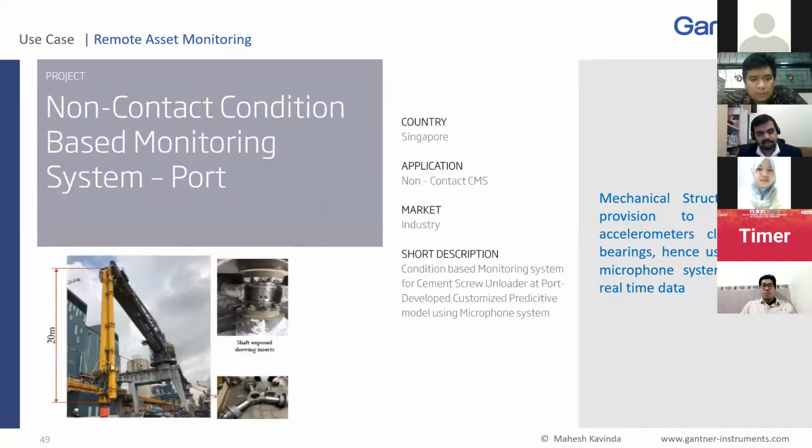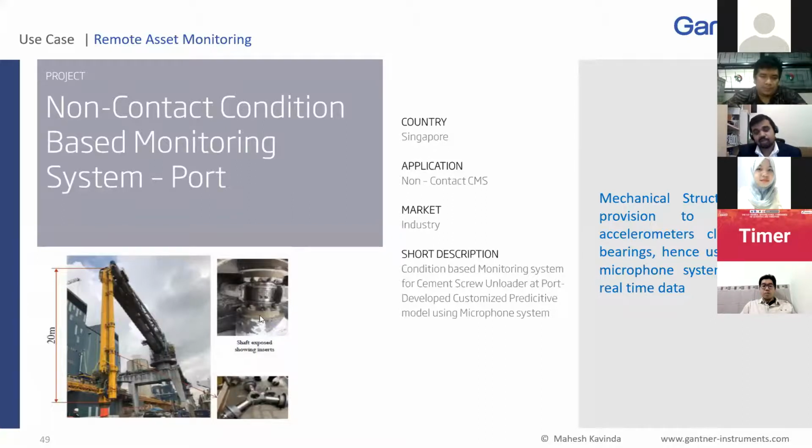They have 3 bearing slots here, and these bearings are prone to fail quite rapidly because of the humidity of the cement and the powder. If the weather conditions change, the pressure changes, you can see in this next picture that the cement powder gets clogged, and then it affects the bearing and the structure.